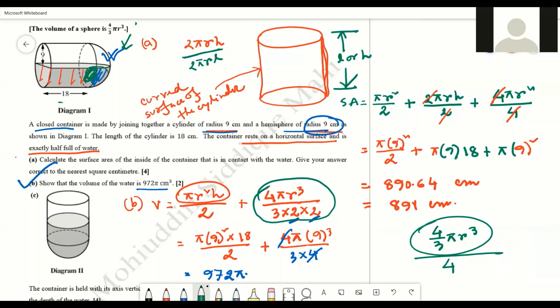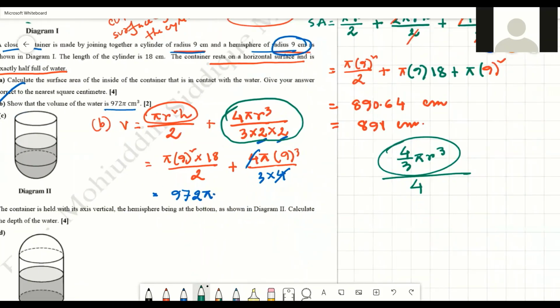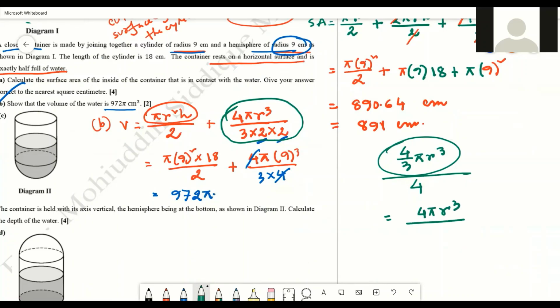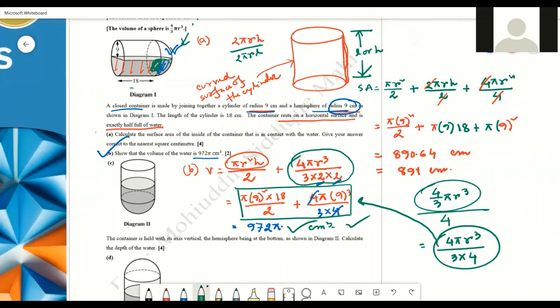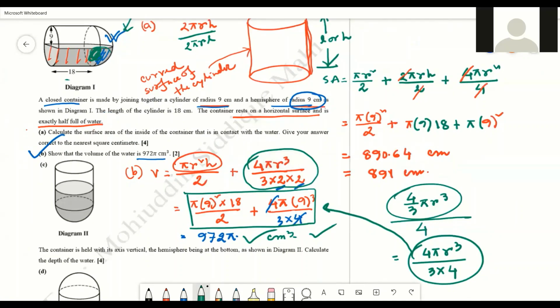When finding the volume of the water, it needs to be divided by 4, which can be written as 4 pi r cube by 3 into 4. So 4 and 4 are cancelled. Now, if you use the calculator, you will get 972 pi centimeter cube. I hope you have understood it. Let's move on to the next question, question C.